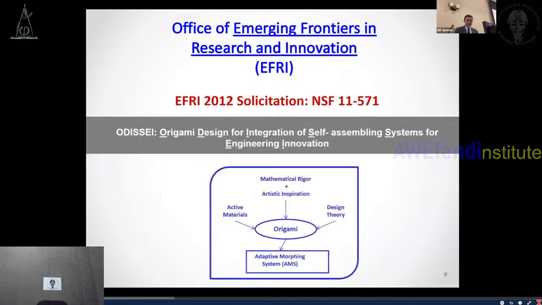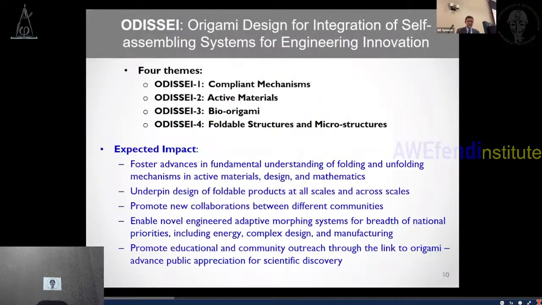Some time ago, I worked at the NSF as a program director, and over there we helped to create this program called ODISSEI. That means Origami Design for Integration of Self-Assembling Systems for Engineering Innovation. That was part of the EFRI, Emerging Frontiers in Research and Innovation, and consists of using math and fine arts and the interplay between the two, together with design theory and active materials to achieve origami and adaptive morphing systems.